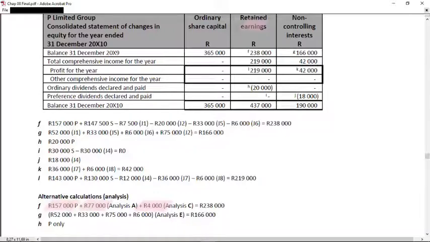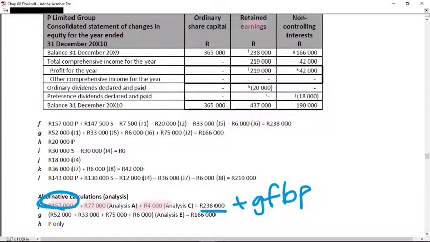If you had a gain from bargain purchase in this example, and then I say gain from bargain purchase as a net amount. We did have one in this example, but it offset against the goodwill. Then this is where you will add the gain from bargain purchase. Please note, you're adding it to this total. You're not adding it specifically to that of the parent.